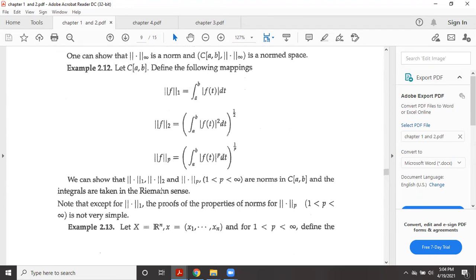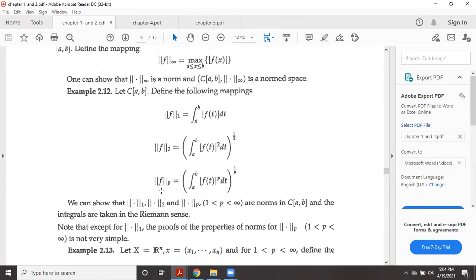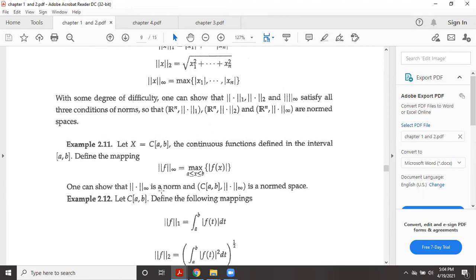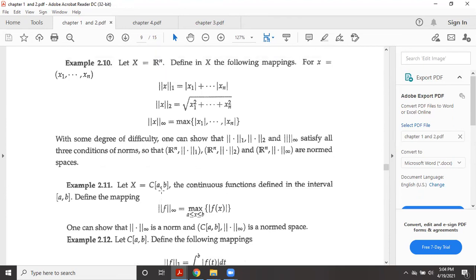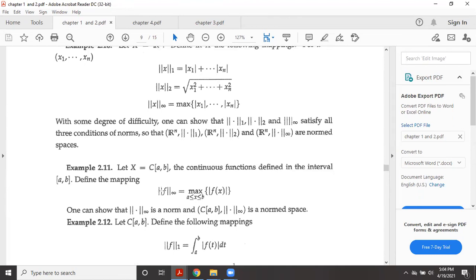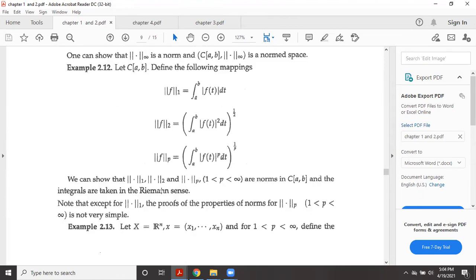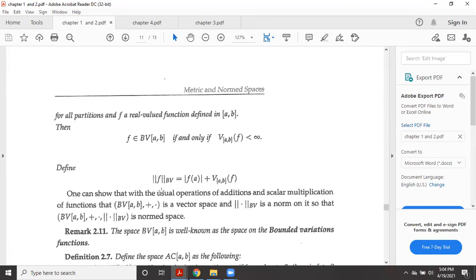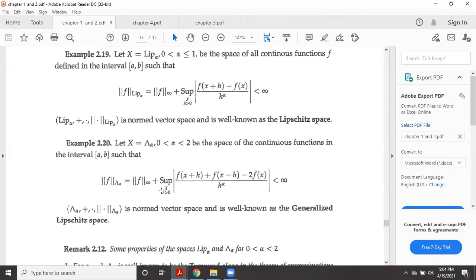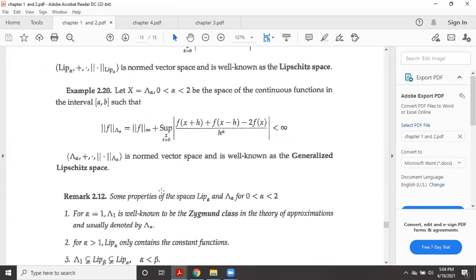Okay, so from example 2.10 onward, you need to work out each and every example. So this is your assignment number 1.